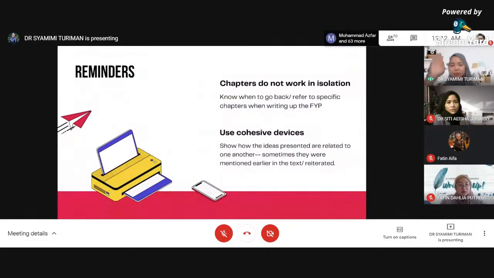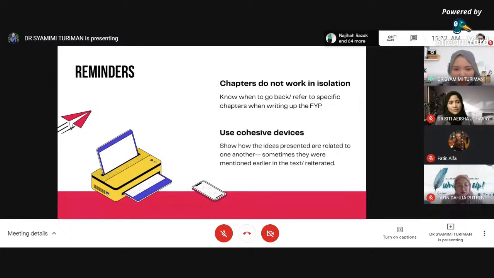Please remember that the chapters you are writing in your FYP do not work in isolation. You need to know when to go back or when to refer to specific chapters when writing the FYP. For example, as you write chapter 1, it will give the reader some ideas on chapter 2, because the framework has to be mentioned in passing in chapter 1, as you mention the background of the study and introduce the study.